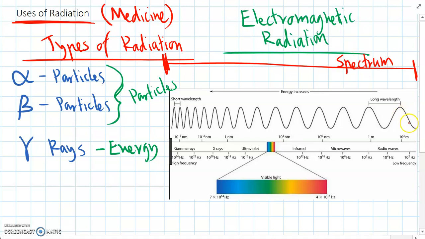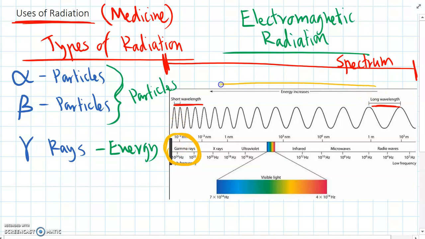So remember, electromagnetic radiation can change depending on its wavelength. It's still just light, but we can have long wavelength light and we can have short wavelength light. And gamma rays, they're a type of light, but they're right down the end with the short wavelength.